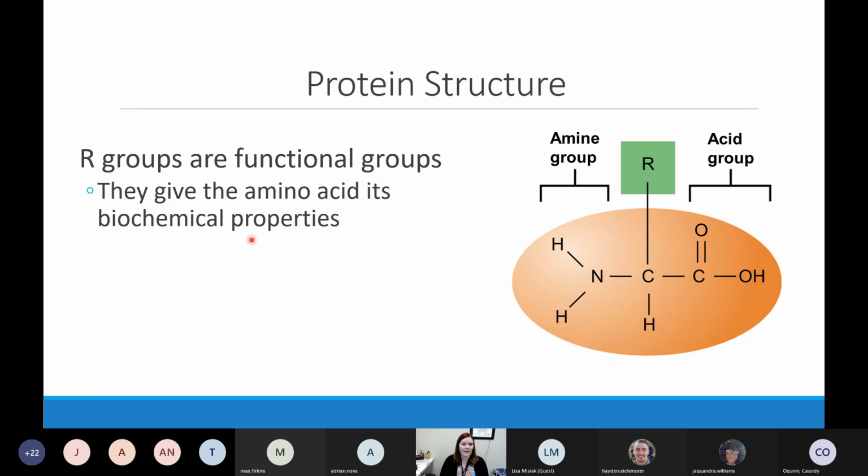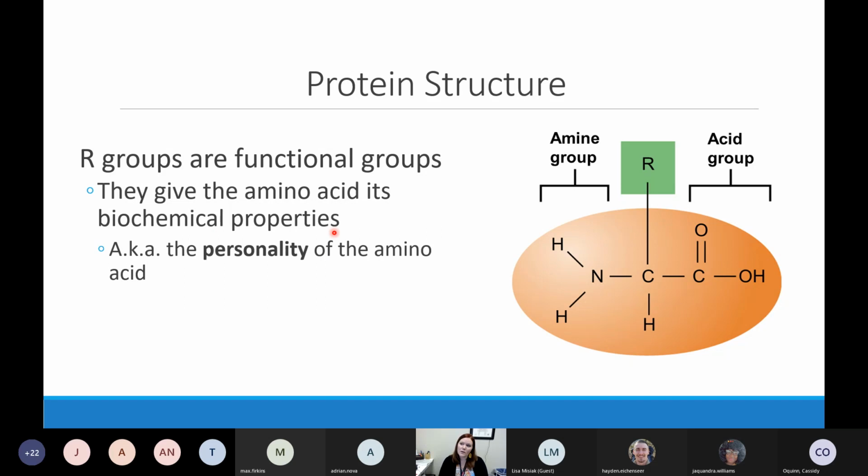Now that's a big fancy word right there, biochemical properties. All it means is, do you or don't you play nice with water? Do you or don't you want to form a bond with me? When we talk about amino acids and we talk about their biochemical properties, you should think about this as their personality types.